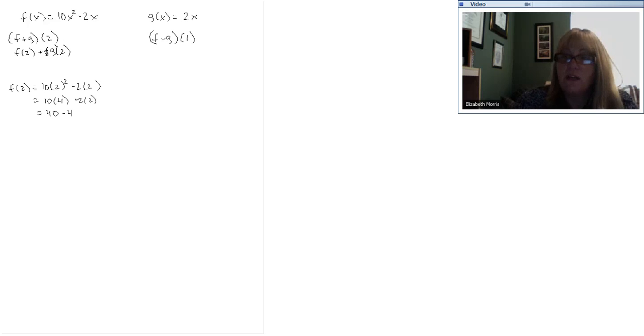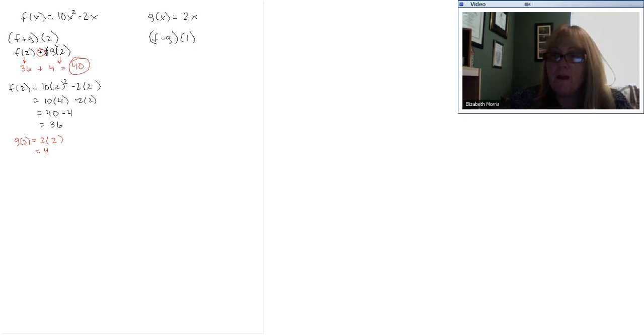So I found what f of 2 is. F of 2 is 36. Now we're going to add it to whatever g of 2 is. All right, we can find g of 2. G of 2 is 2 times wherever the x is, I put the 2, so it's 4. And g of 2 is 4. Add them together, my answer is 40.